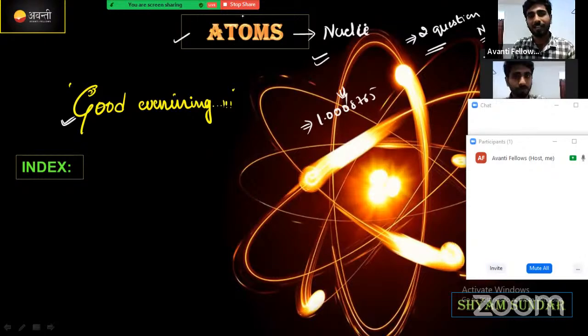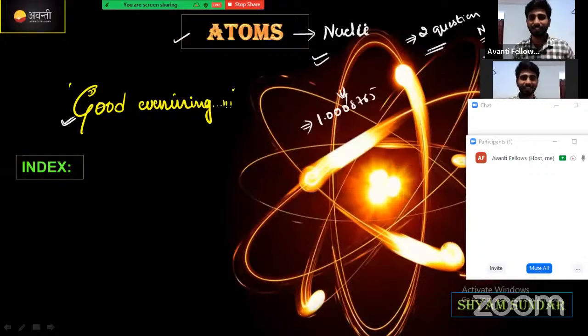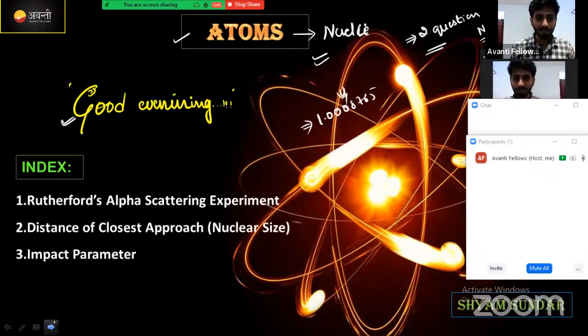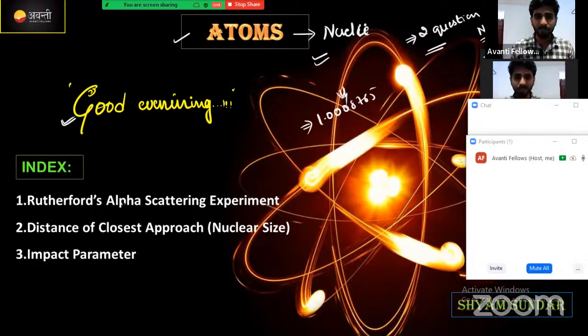Okay, let's start today's class. Let's start with atom. In this chapter we are going to deal with topics. First, Rutherford alpha scattering experiment.